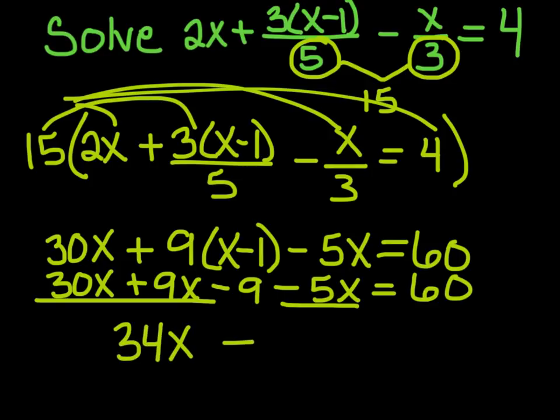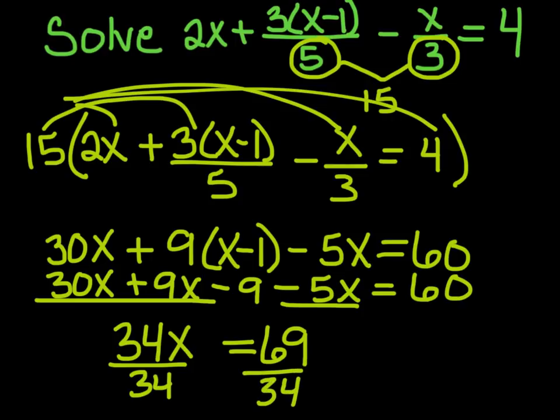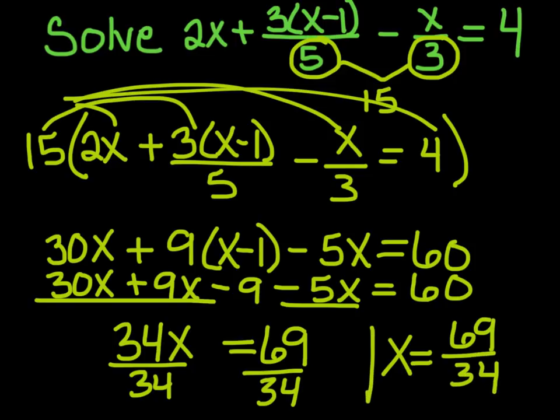And then I'm going to add 9 to both sides, equals 69. Then we divide both sides by 34, and we will have an x value of 69 over 34, which actually does not reduce. If it reduces, you are required to reduce it, but if it does not, well, then that's it. I'd rather see a fraction than a decimal.